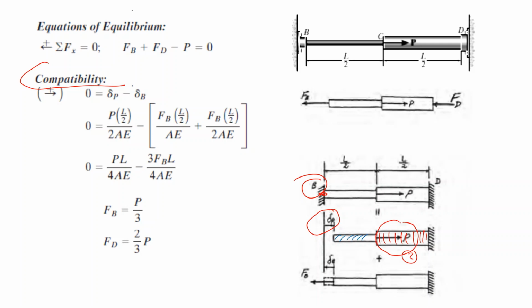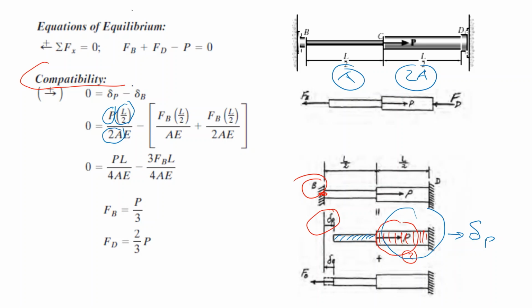Here, there are no forces, and the displacement of point B to the right is P times length L over 2, that is this region, over 2A, the section in the second region, while the first region is A. That is what we call delta P.